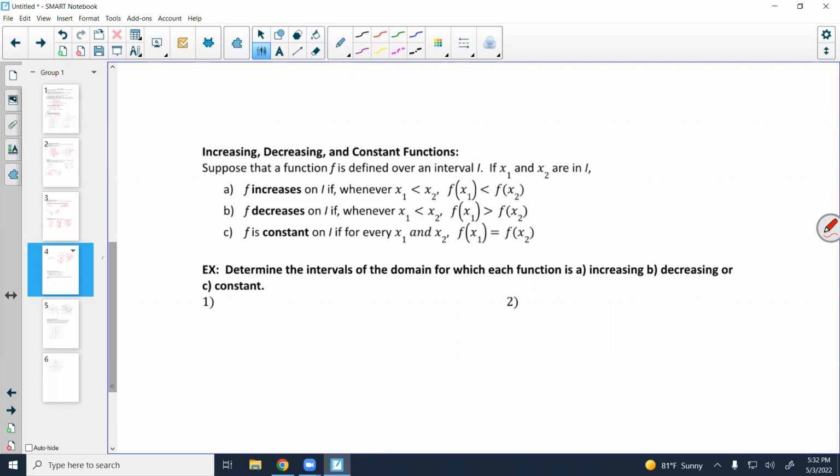F decreases on I if whenever x1 is less than x2, f of x1 is greater than f of x2. And f is constant on I if for every x1 and x2, f of x1 equals f of x2.